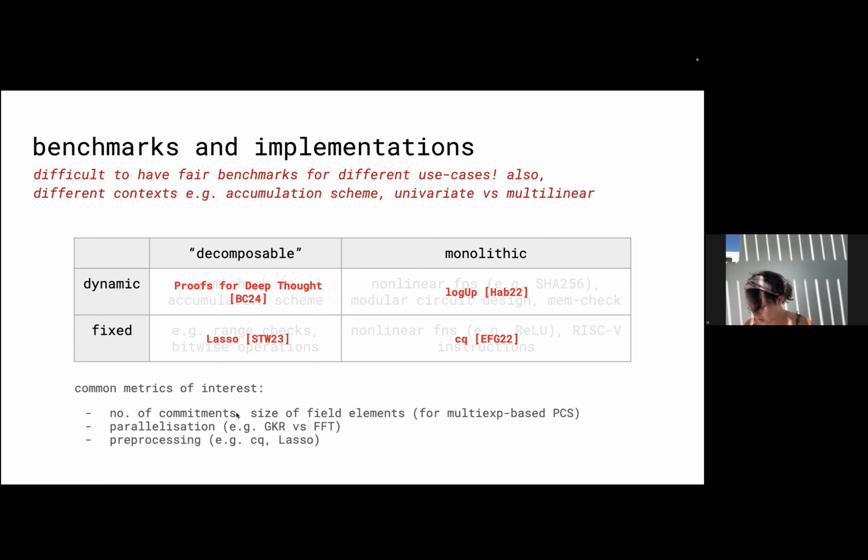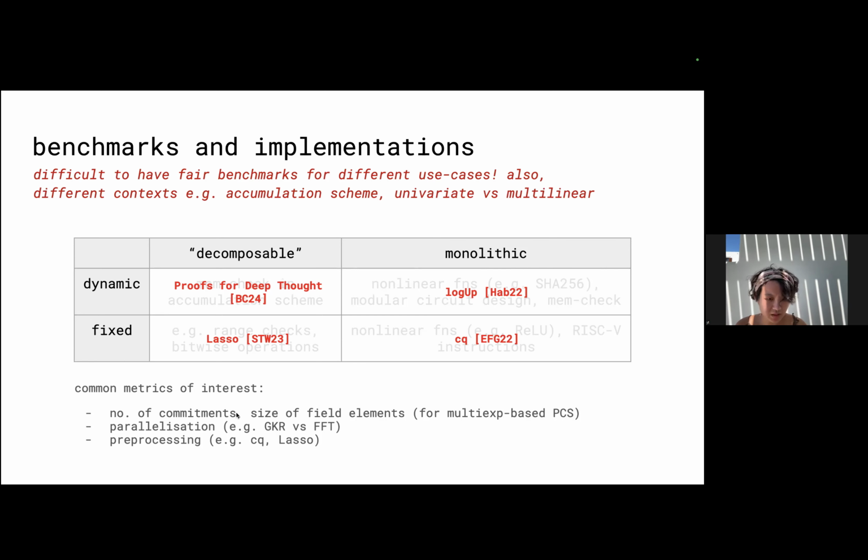When we're doing these scalar multiplications, we want field elements that are small. If the values that we're looking at are, say, 32 bits, we don't want to pay for the full field element, 256 bits.